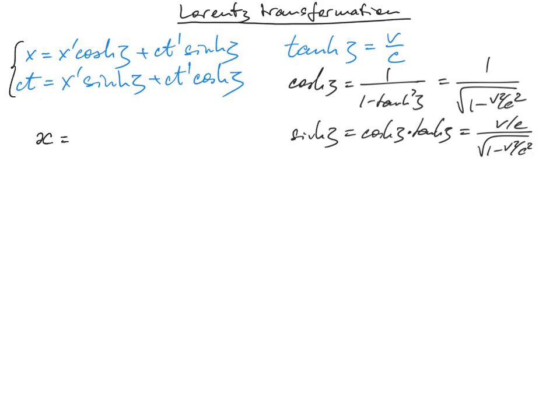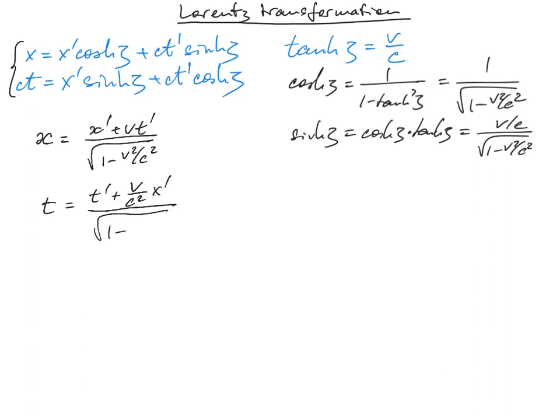So x equals x prime plus vt prime divided by the square root, and t equals t prime plus v over c squared x prime divided by the square root.